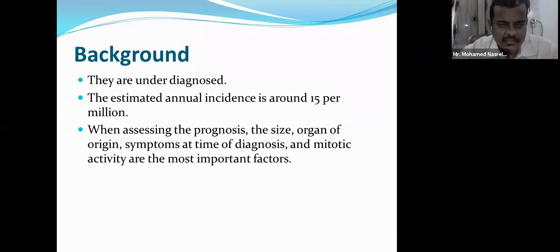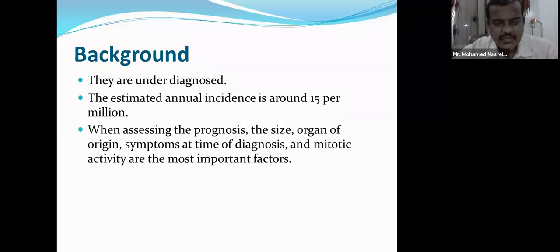The estimated annual incidence is around 15 per million, and there are 900 new cases in the UK. When assessing the prognosis, the size, organ of origin, symptoms at time of diagnosis, and mitotic activity are the most important factors.